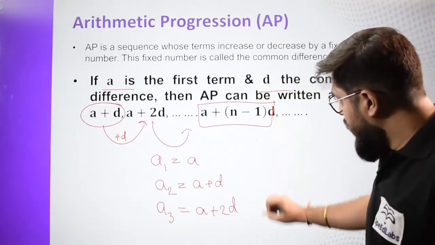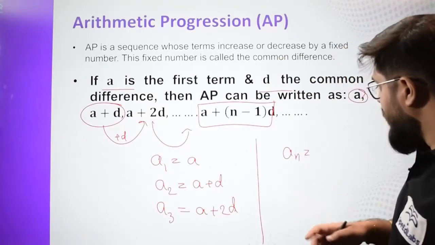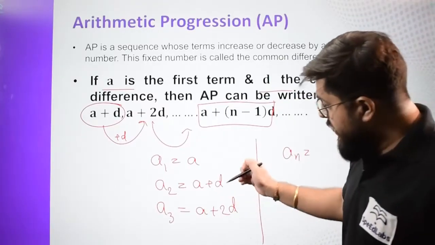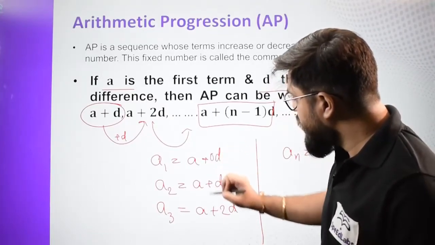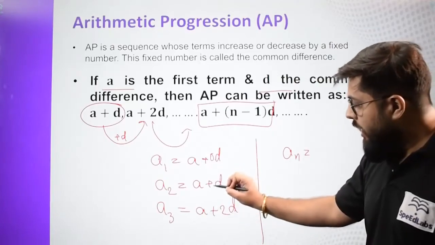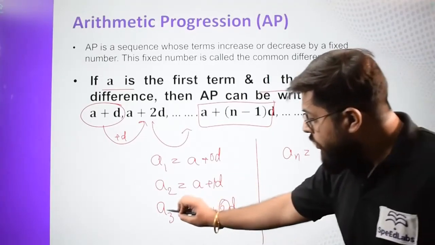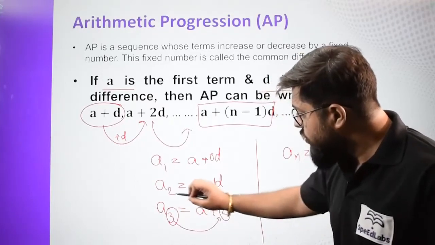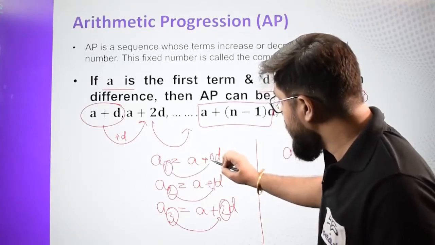Now from this, if we are asked to find the nth term, then from the principle of extrapolation we can say that here there is nothing in front of d, meaning the coefficient is 0; here the coefficient of d is 1; here the coefficient of d is 2. So for the third term the coefficient is 2, in the second term the coefficient is 1, for the first term the coefficient is 0.